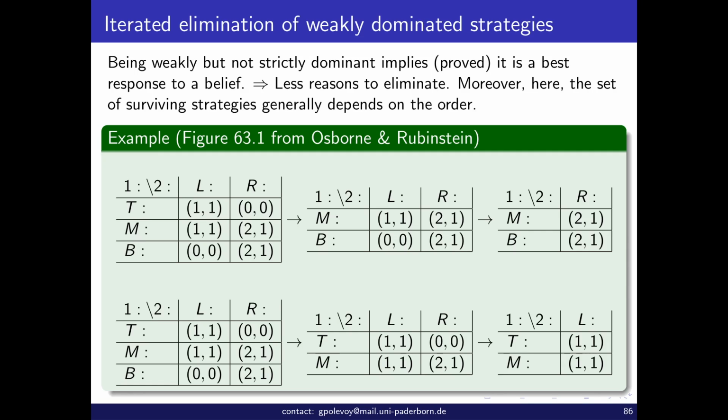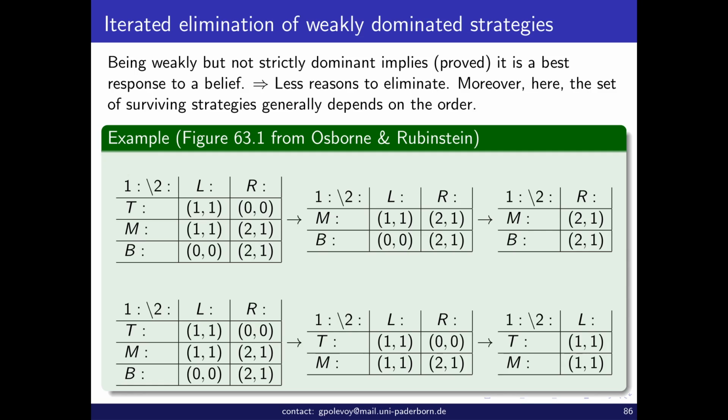By the way, of course, after this example, we are now back to the assumption that a belief about both others can be anything, including something dependent. So being weakly but not strictly dominated implies that since it's not strictly dominated, it's a best response to some belief. So first of all, there are less reasons to eliminate that. So indeed, we don't want to eliminate weakly dominated strategies.